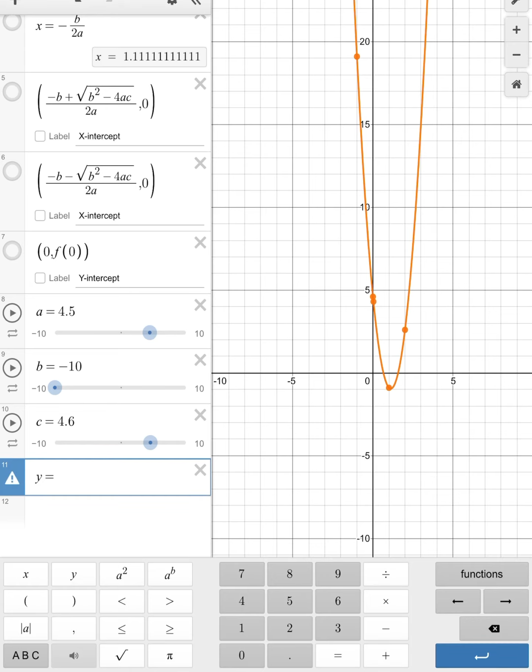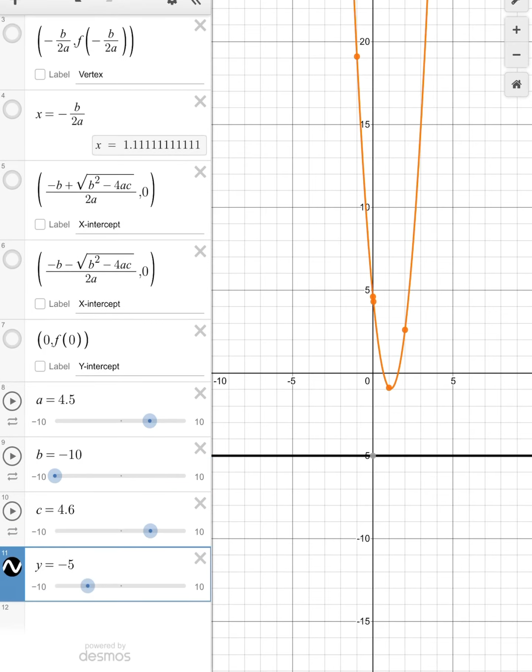Here's y is equal to -5, this line right here. Am I ever going to have this orange parabola touch this black line? No way. y is never going to be equal to -5. There are some y values that are not in the range of this parabola.